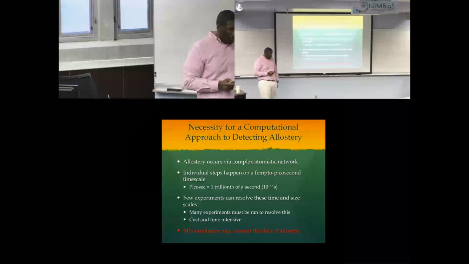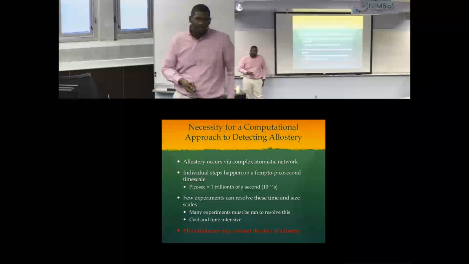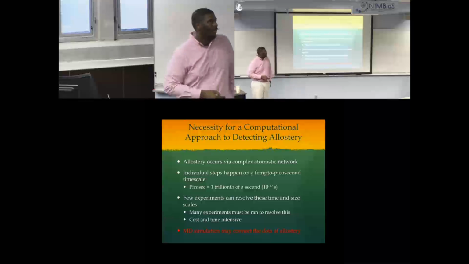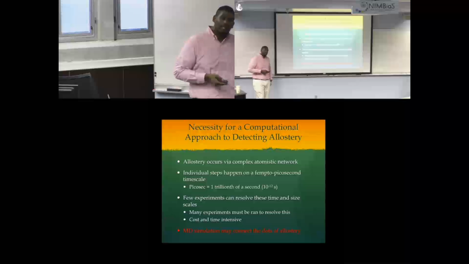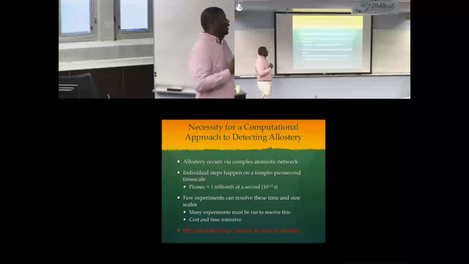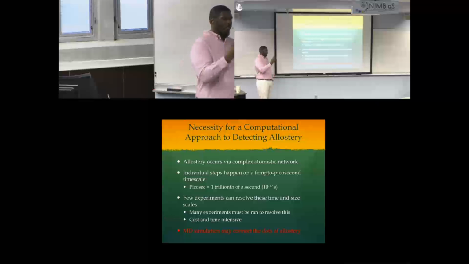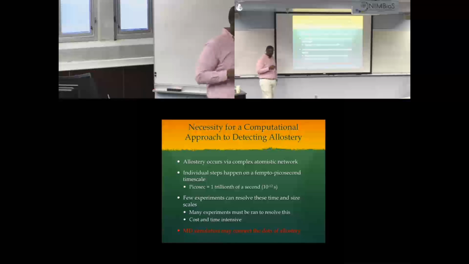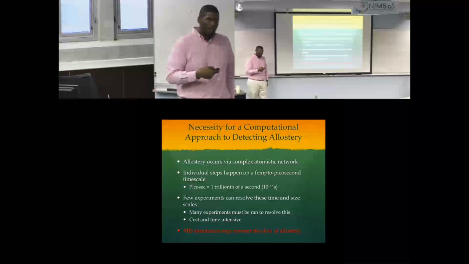Okay, so why am I needed to detect this allostery? It's been around for a long time. People know it exists. Why? Because this signal that's being sent is happening on an angstrom spatial level, and on a femtosecond to picosecond time scale, picosecond being a trillionth of a second, right?